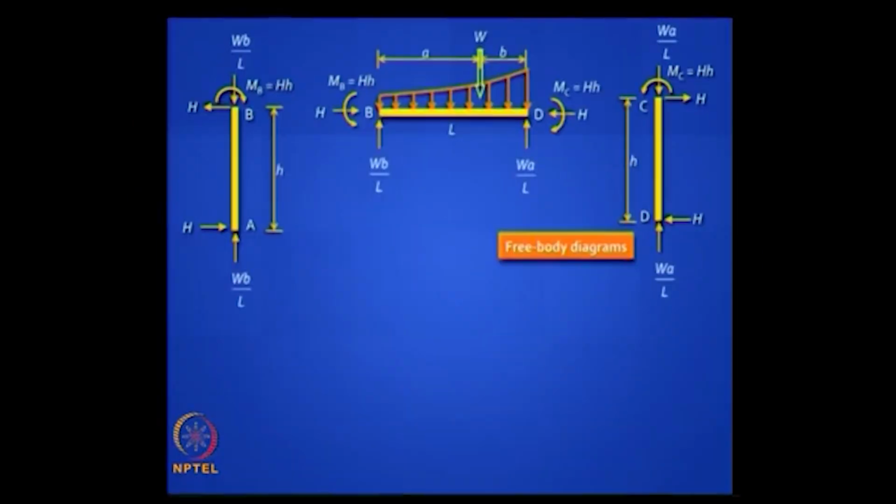In this picture I am showing you the free body diagrams where MB and MC are capital H into small h. Does the diagram make sense? So your redundant is capital H. If you know capital H, you know everything. Can you draw the bending moment diagram?